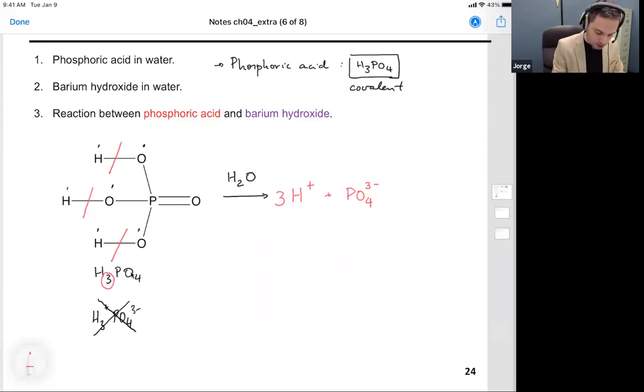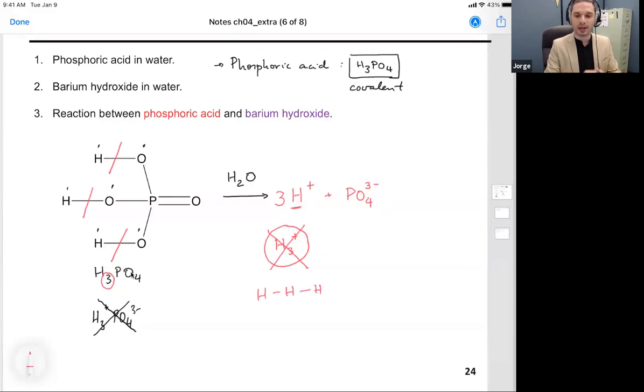So be careful, you have to represent it as H+. If you write something like that, that's telling me that you have formed a compound with this structure, and this is not possible, okay? Always release the hydrogens as H+. This has to be clear to everybody.